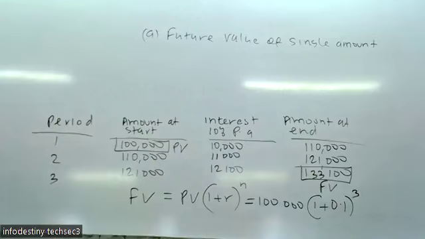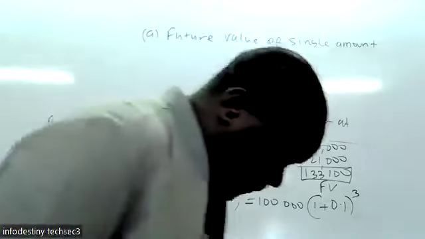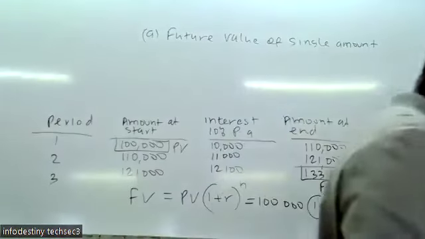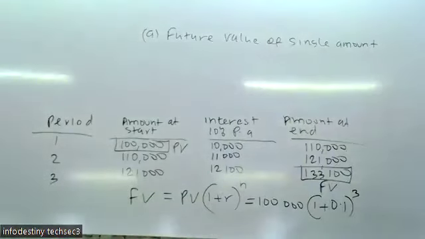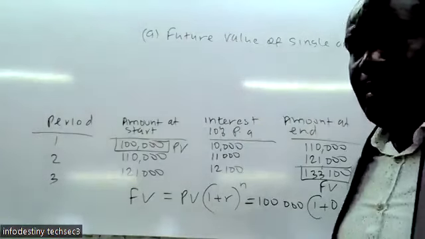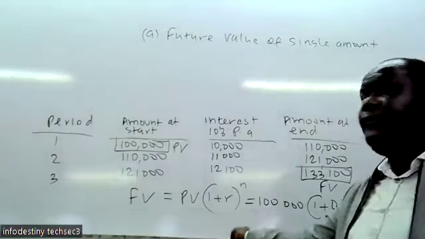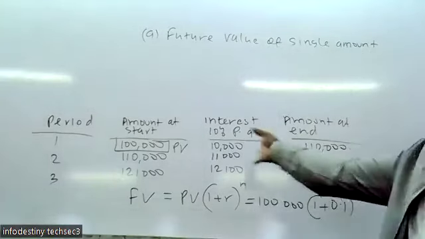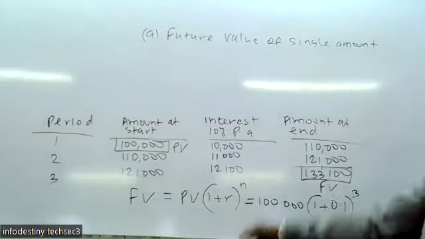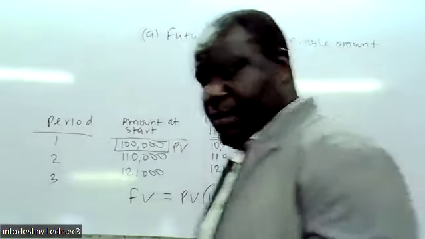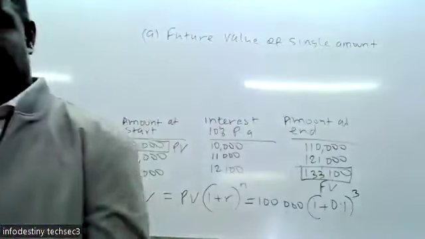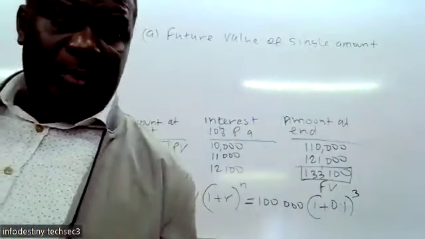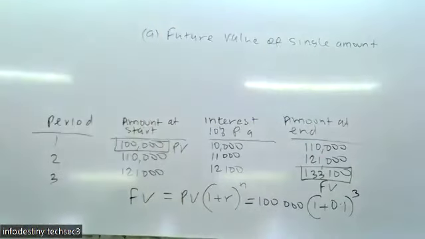So you confirm and check whether you will get the same amount. You will be using this formula instead of that process, which may be too long, so we apply that formula to get the future value. So that was A, the future value for the single amount.